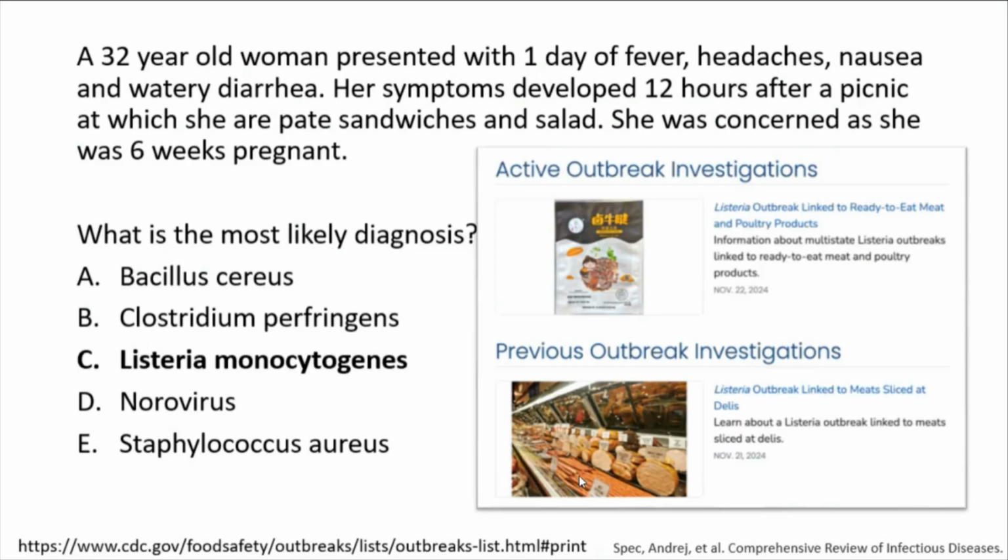And as you are well aware, there have been many Listeria outbreaks lately. And so women who are pregnant are often counseled to avoid deli meats that haven't been heated up because a lot of these outbreaks have occurred in ready-to-eat meat and poultry products. A big Boar's Head outbreak lately, this year as well, which could affect your pub sub if you're into those.